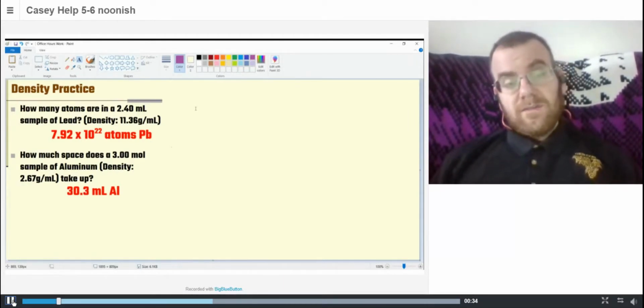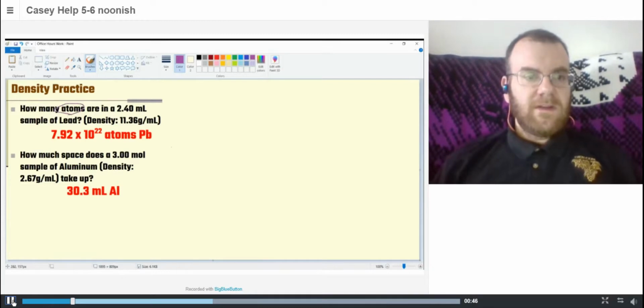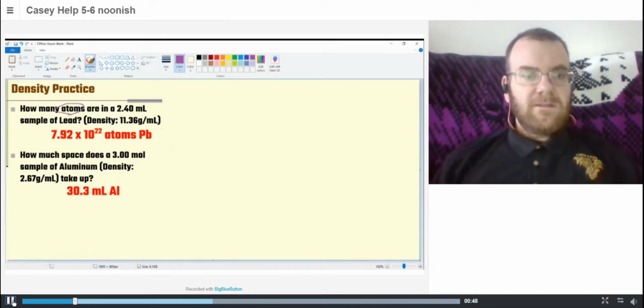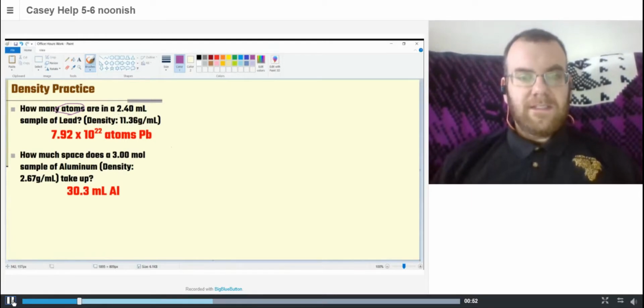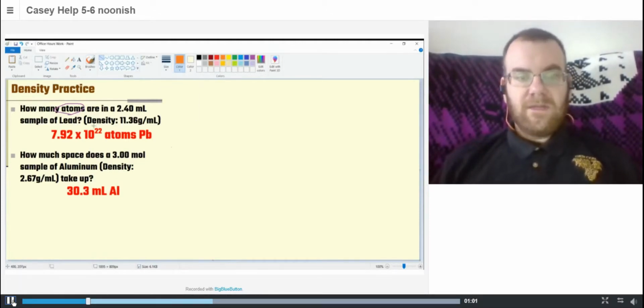So if we look at this first problem, how many atoms are in that much sample of lead? First off, in the end, we are looking for atoms. And we've got two different things: the milliliters over here, and the density. Now, you may be tempted to start with density, but that is a bad idea. In most cases, you will not start with density.